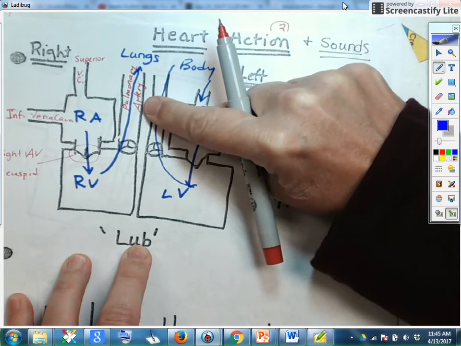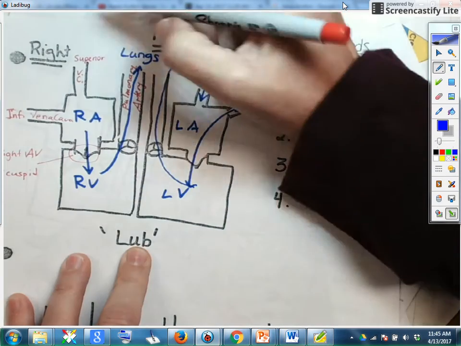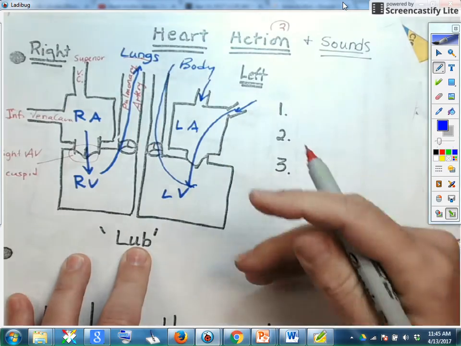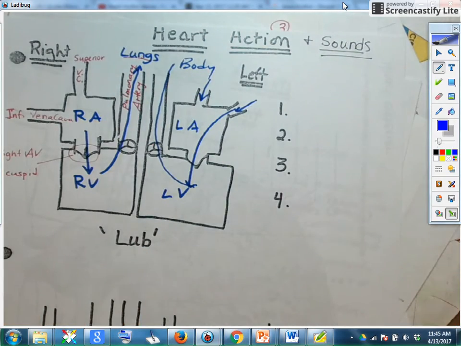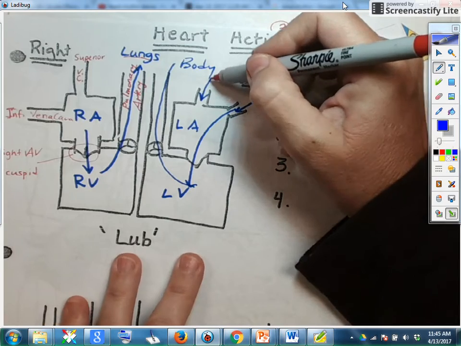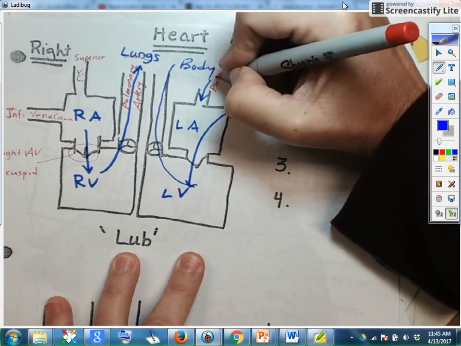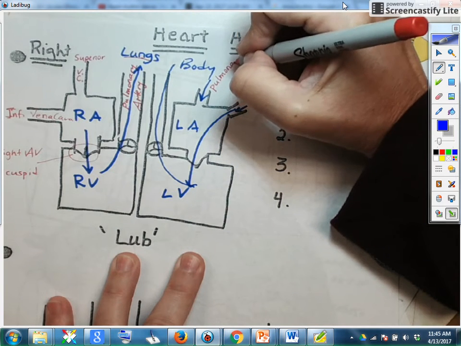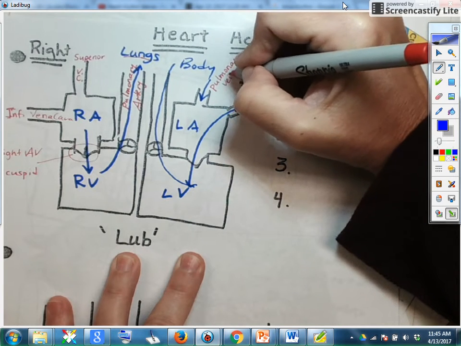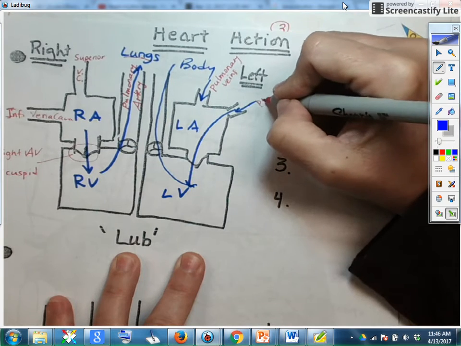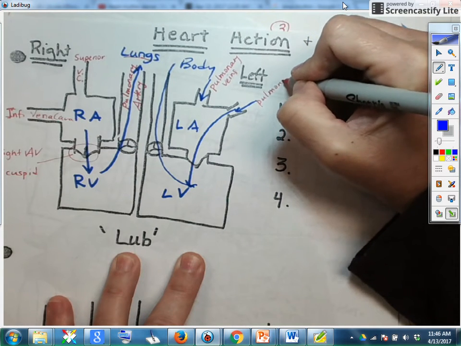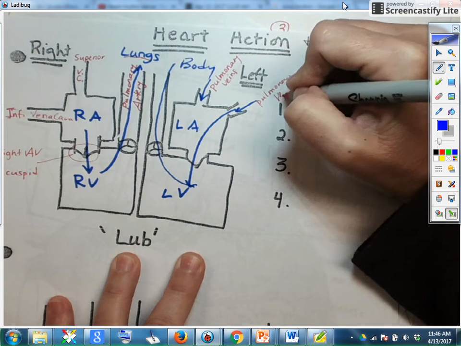Remember, artery goes away, and where's it going away to? It's going to the lungs, so that's why we call it the pulmonary artery. The blood is coming back from the lungs through these veins here. These are the pulmonary veins. And there are two of them, a left and a right.